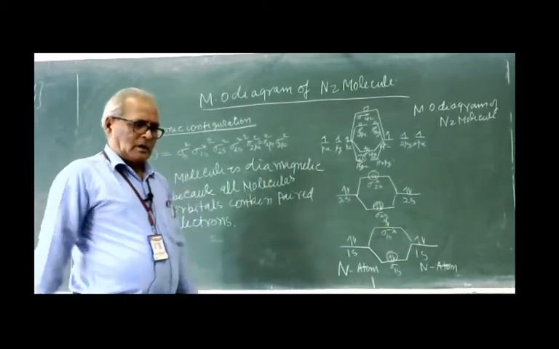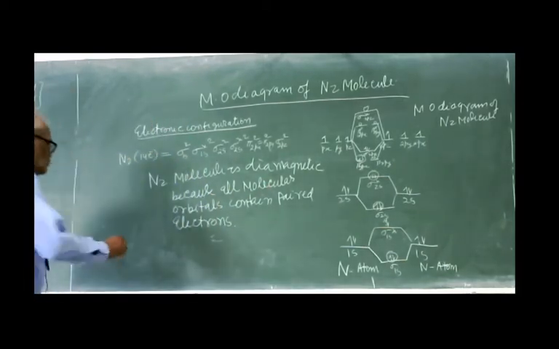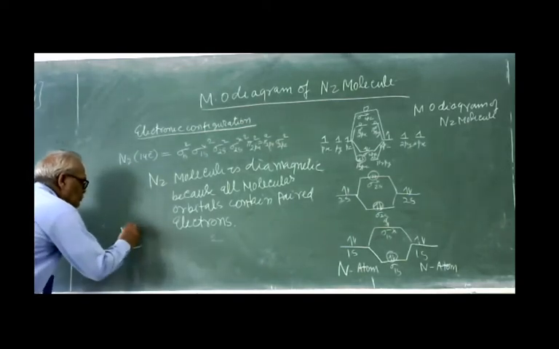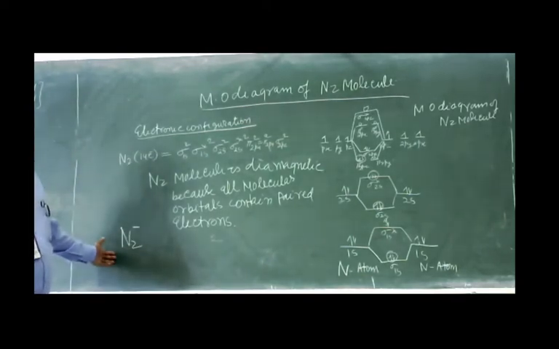Now suppose we say N2 minus, this is the nitrogen molecule ion.